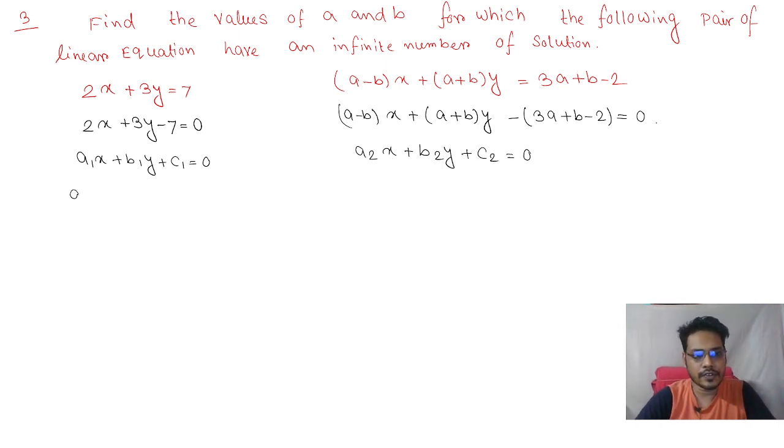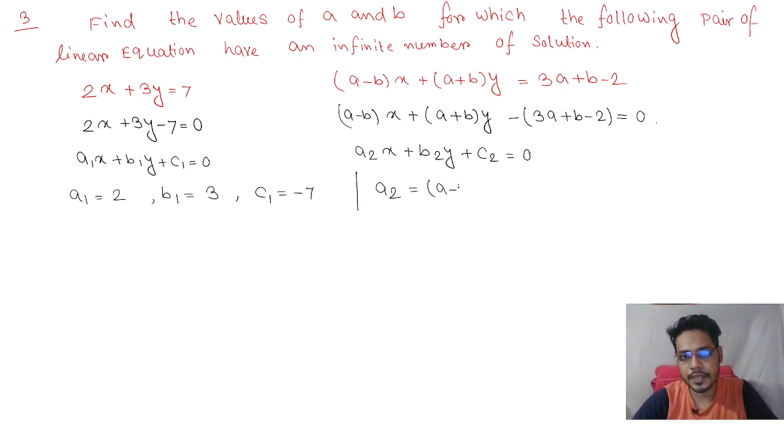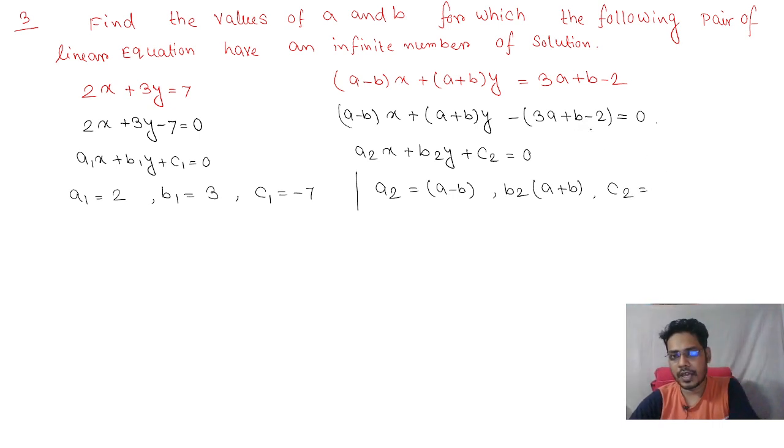Now from here we can say a1 is 2, b1 is 3, c1 is minus 7. Now here a2 is a minus b, b2 is a plus b, and c2 is minus of 3a plus b minus 2.